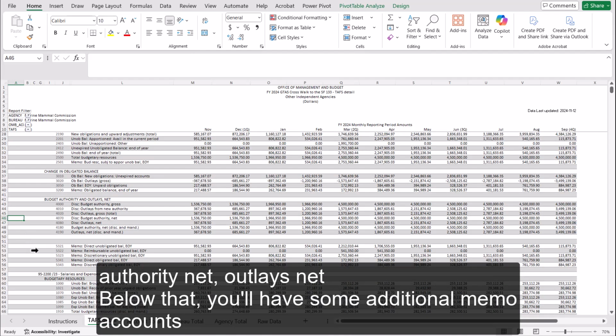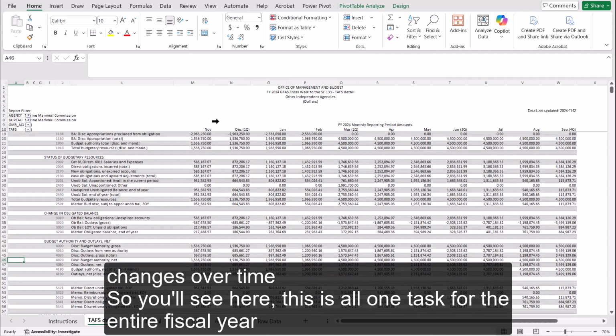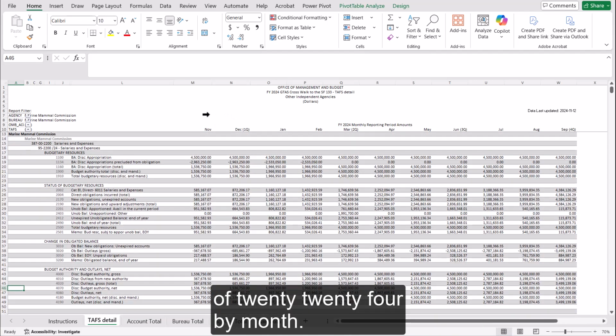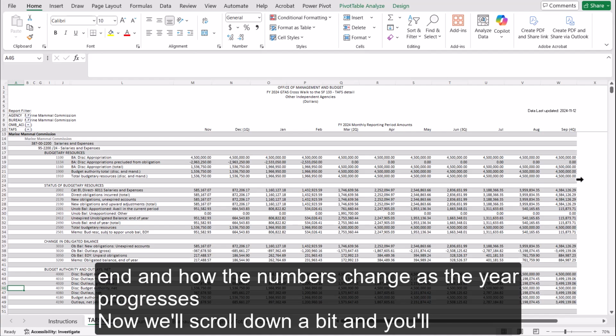Below that, you'll have some additional memo accounts, tracking changes over time. So you'll see here, this is all one TAFS for the entire fiscal year of 2024. By month, you can see the numbers update from November through September at the year end and how the numbers change as the year progresses.